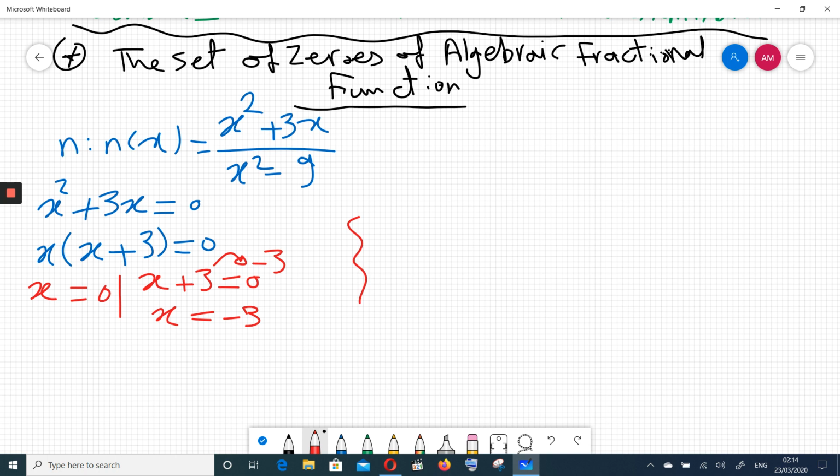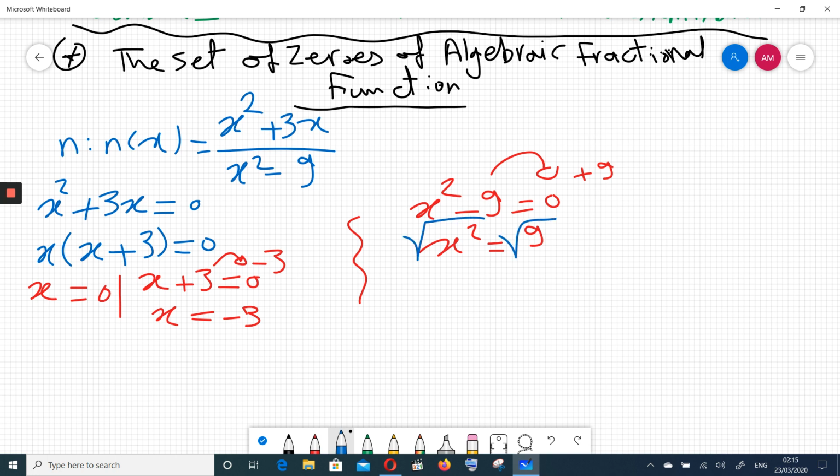What about the denominator? The denominator here is x power 2 minus 9 equals 0. This is negative 9, so we take it to the other side to be positive 9, and x power 2 now equals 9. We take the square root of both sides, so x equals positive or negative 3.